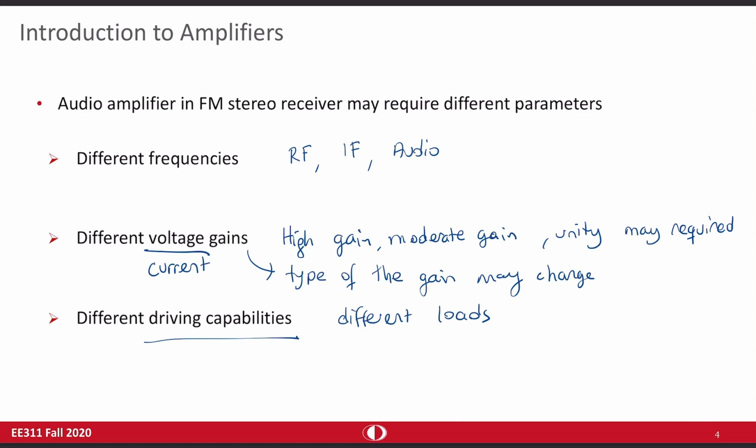So this is going to make a significant difference in the amplifier design. That's why we need to use different amplifiers and different designs. In some cases, we may not use the standard amplifiers available in the market. For some applications, we may need to design our own operational amplifier.